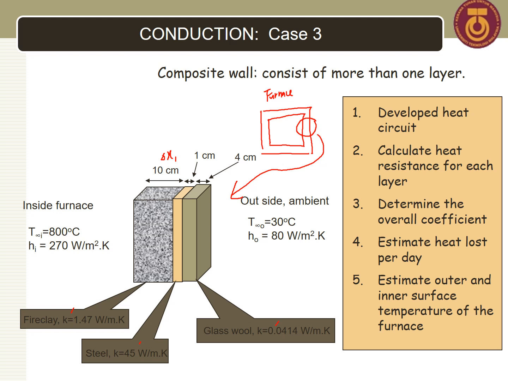This part is inside the furnace, and this is outside, meaning at the ambient. So the temperature given here is the temperature of the ambient air. One is inside the furnace, one is outside the furnace. Now I want you to pause this video for 10 seconds and think how many resistances there are for this system. Pause it now.